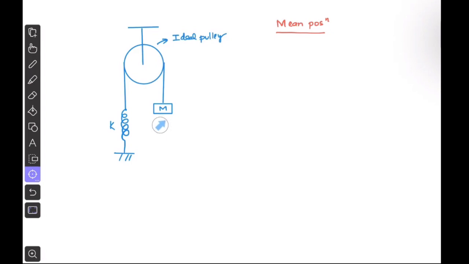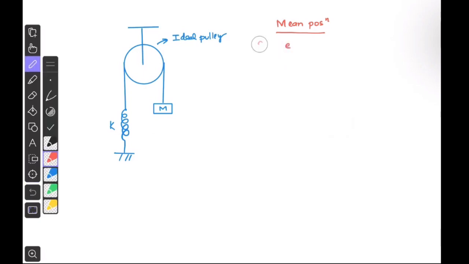Correct, no? At the mean position, suppose the tension was T0 and the spring extension was x0. The tension in the spring will be the same as the tension in the string, which will be kx0.